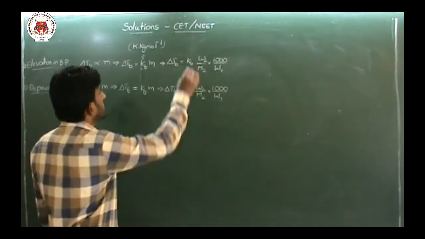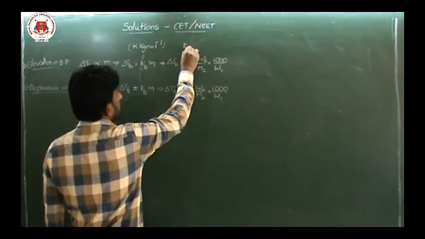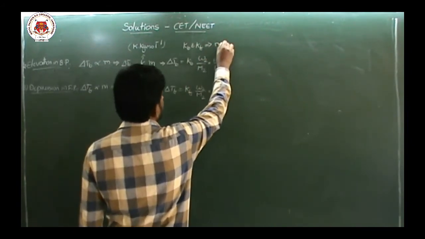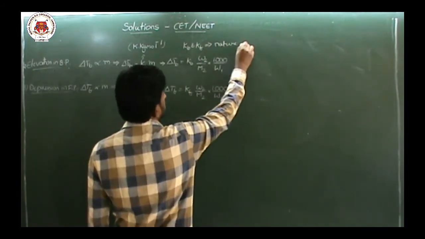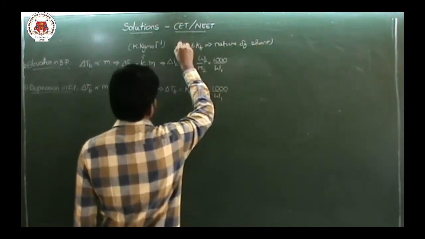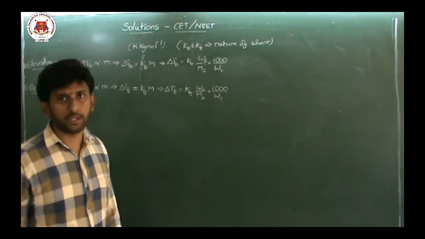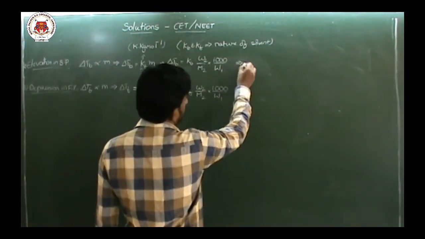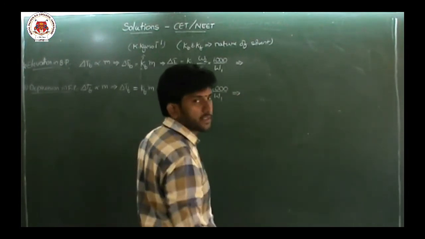Okay, and both Kb and Kf depend upon nature of solvent. They are constants for solvents only. So we have another formula for Kb and Kf.